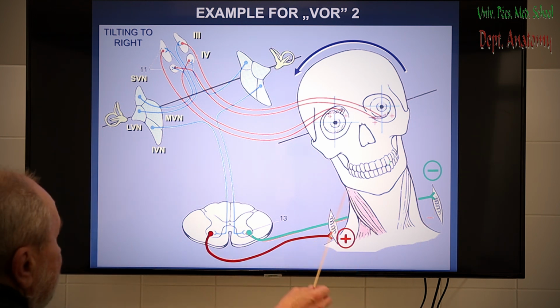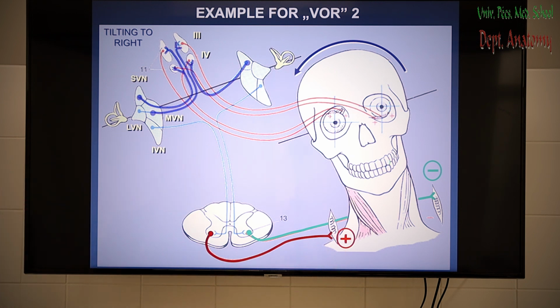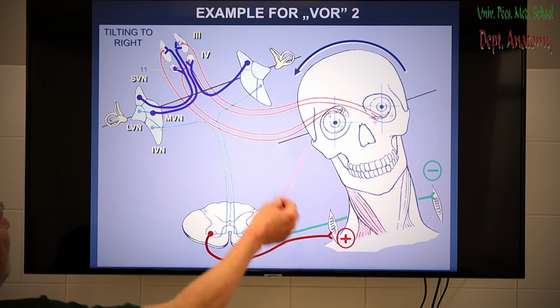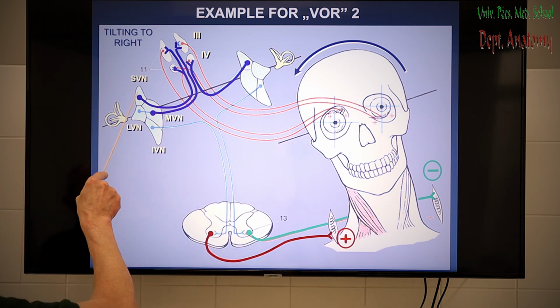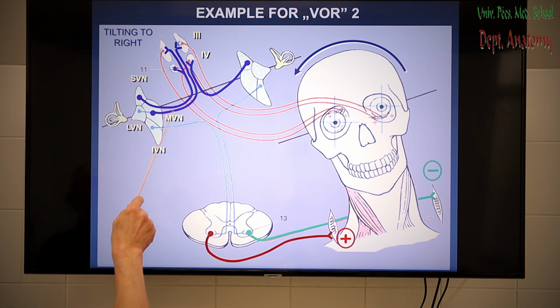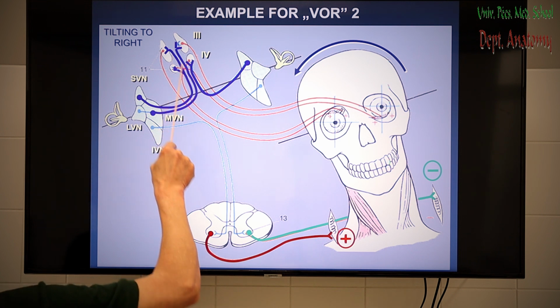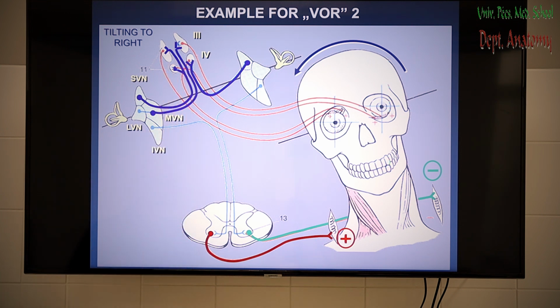Good effectivity of the sternocleidomastoid can be reached this way. The vestibular excitement from the superior and medial vestibular nuclei, second order vestibular neurons, goes through the medial longitudinal fascicle to innervate the eye moving nuclei.